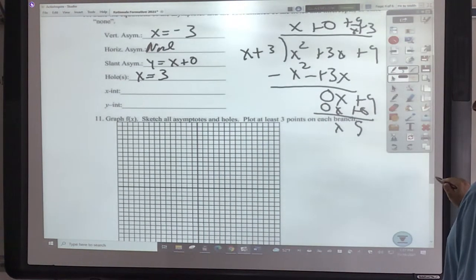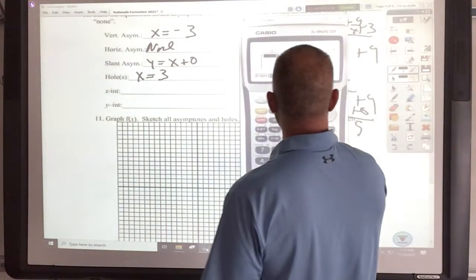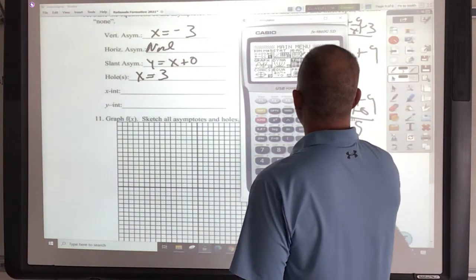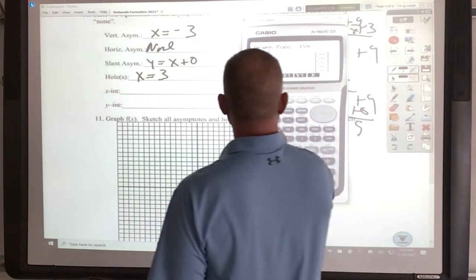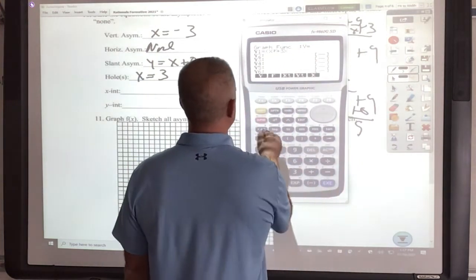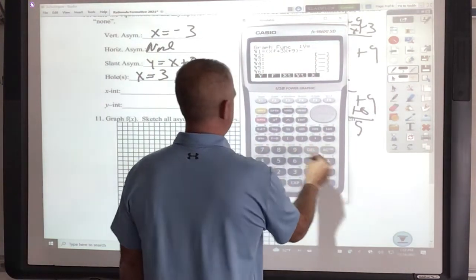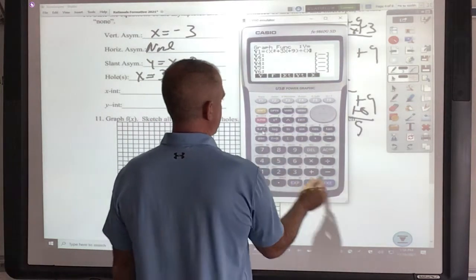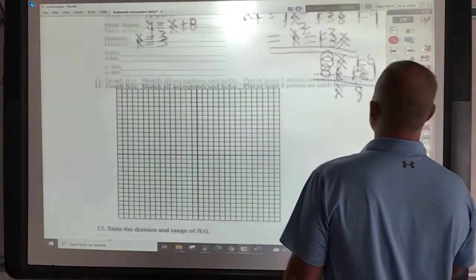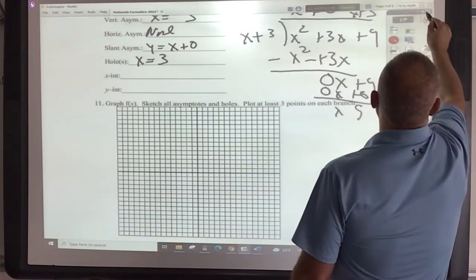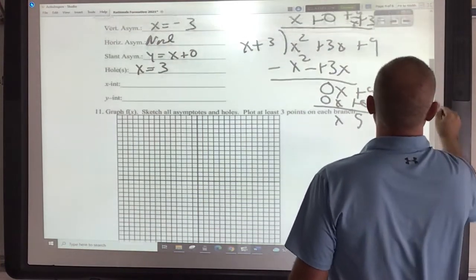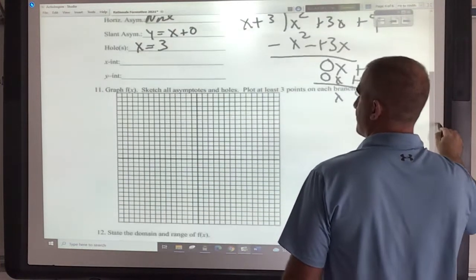So let's go ahead. I'm going to put what's remaining into the calculator. That was x squared plus 3x plus 9 divided by x plus 3.